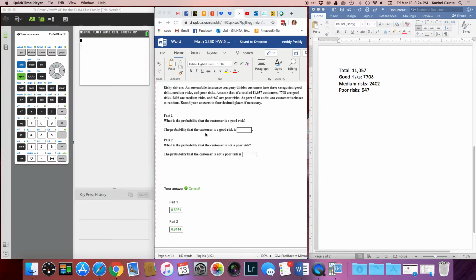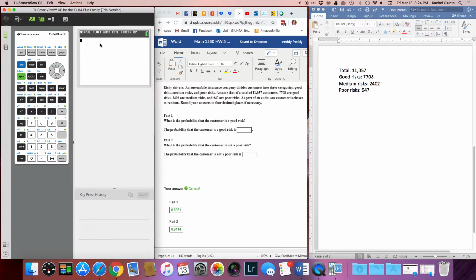The probability that the customer is a good risk, this is one of those probability questions where it's the part divided by the whole. That's pretty much what all probability questions are in some fashion. So we want all the good risks divided by all of the customers. So good risks is 7,708 and the total is 11,057.